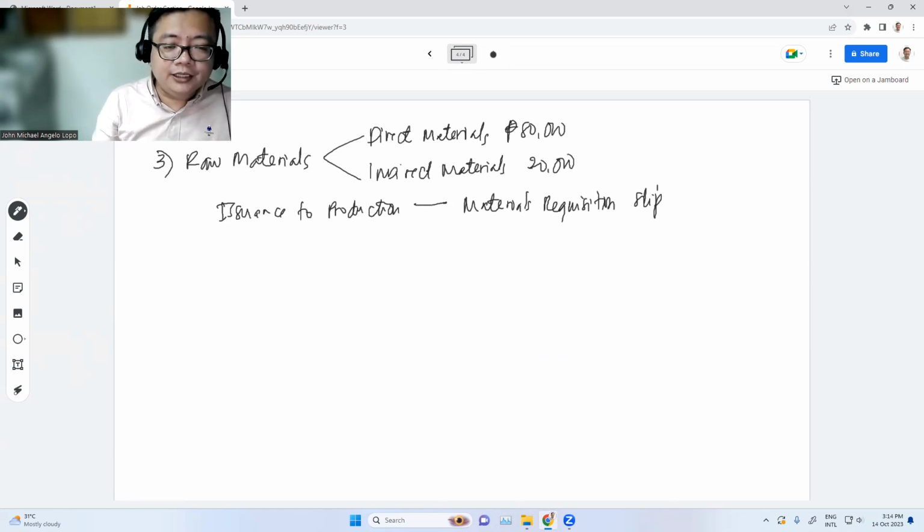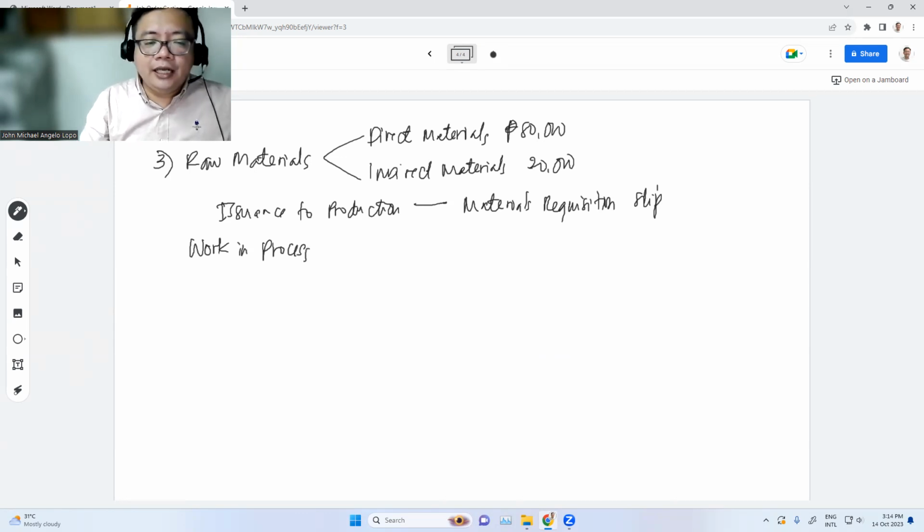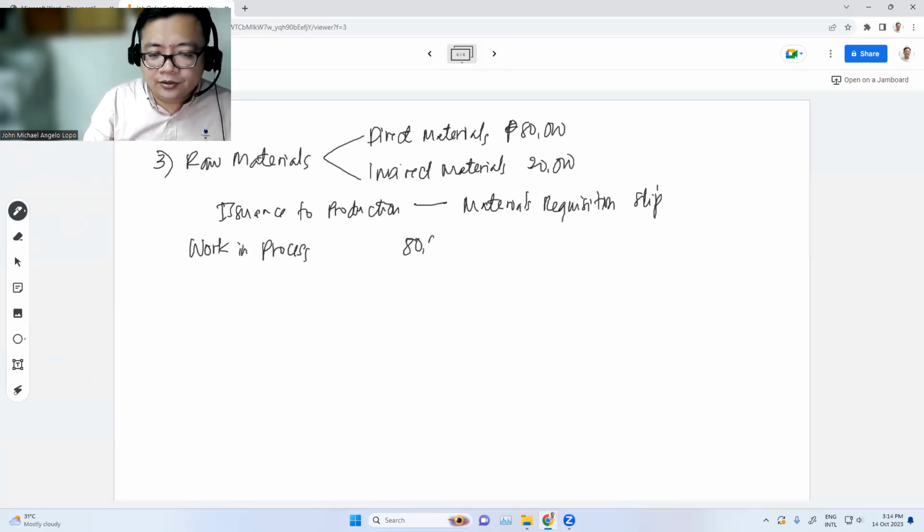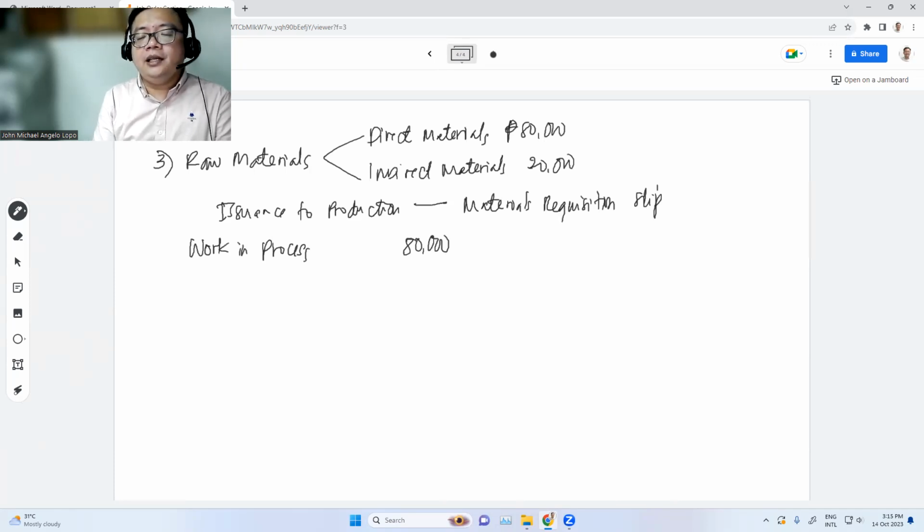What is the entry for this? If you want to issue it to production and it is direct materials, it is to be debited to our work in process. How much, class? 80,000. In the issuance of materials, when it is direct materials, it is issued to work in process, DM.